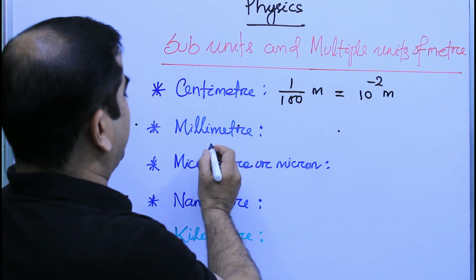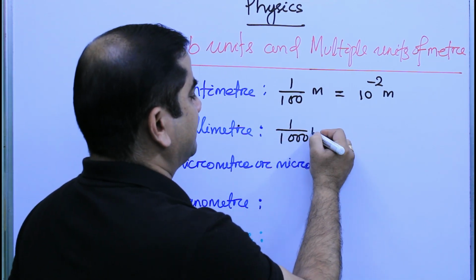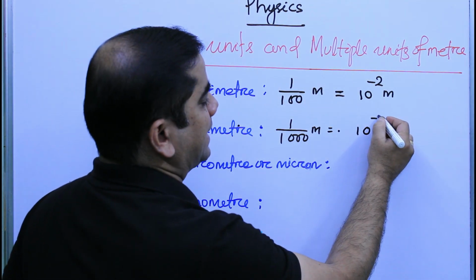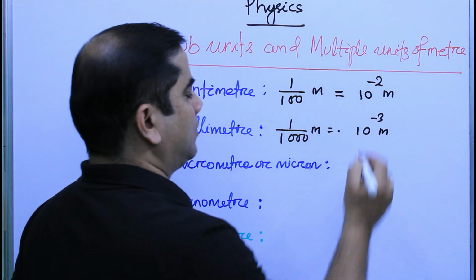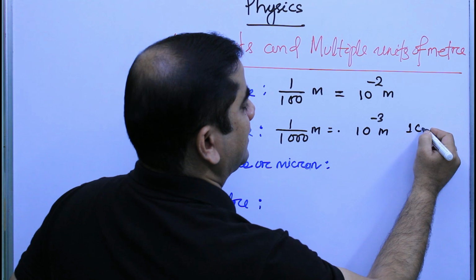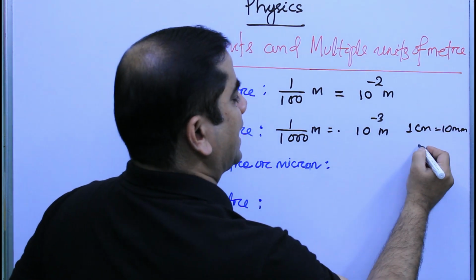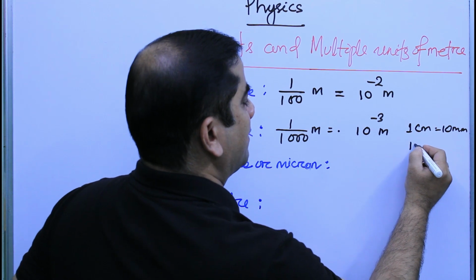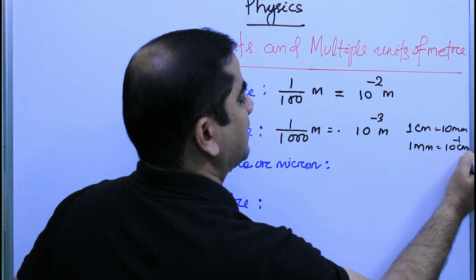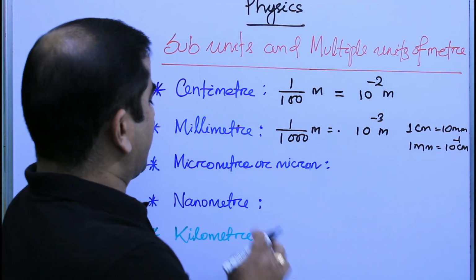And millimeter is 1/1000 of a meter, or we can write it as 10 to the power minus 3 meter. And 1 centimeter is equal to 10 millimeter. So we can write 1 millimeter as 10 to the power minus 1 centimeter, it is 1/10 of a centimeter.